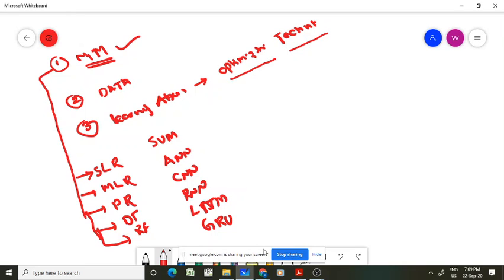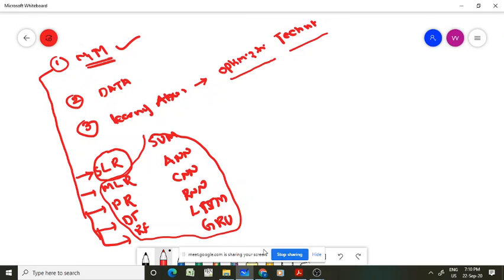Fine. However, the main goal of this course is how optimization techniques will help the machine learning model to learn based on the available data. So for that purpose I'm not concentrating on all these models, but only on the simple linear regression model. The same thing will be applicable for the remaining also.